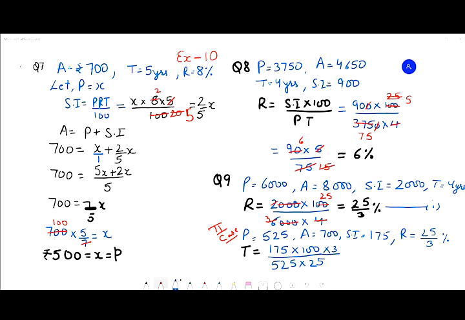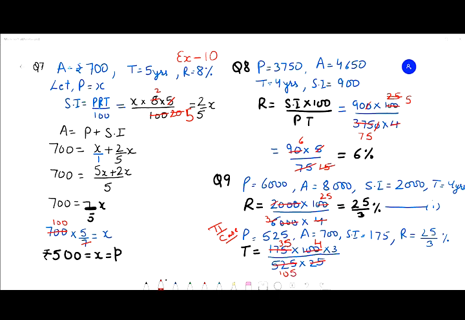Now cut it up. 25, 4 ja 100. Now we can cut this 2 with the 5. 3 and 35, and this will be 105.